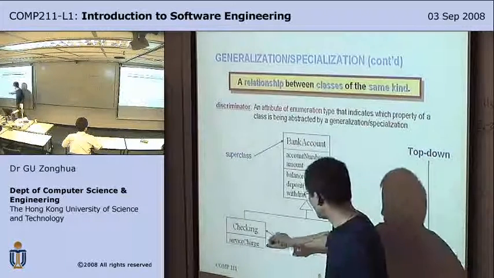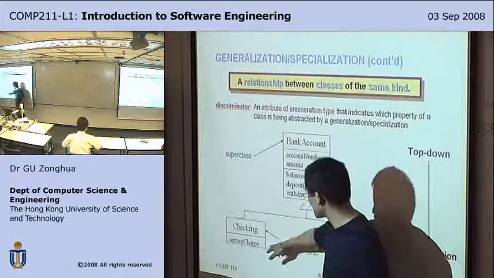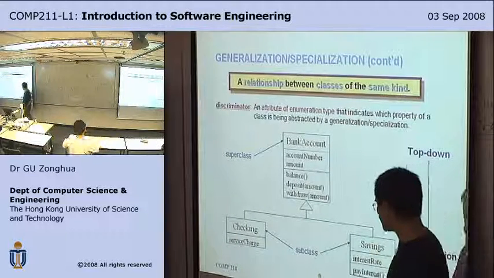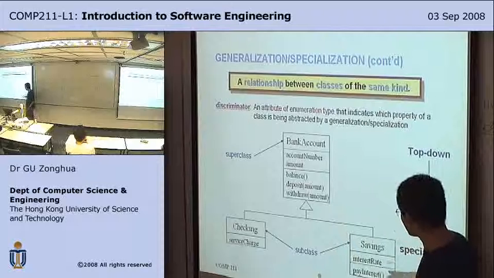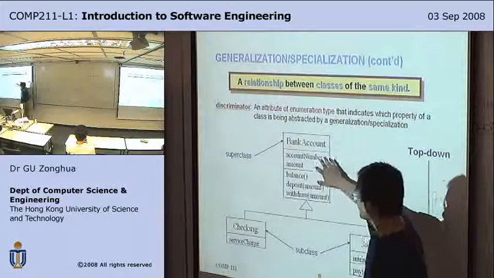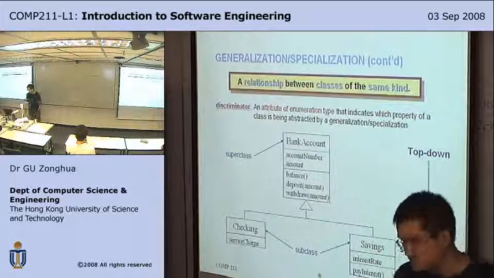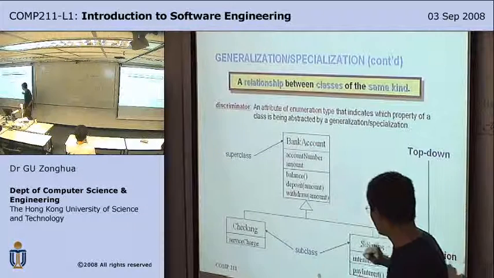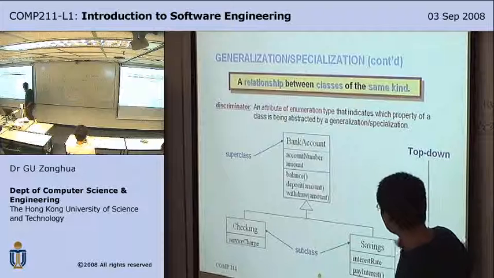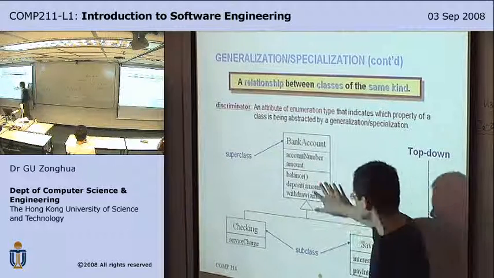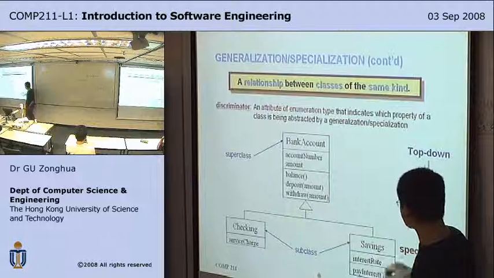Checking, which has the service charge attribute, and savings, which has the interest rate attribute and pay interest operation, in addition to all the attributes and operations in the base class, also called superclass. So all the attributes and operations here are inherited by the subclass.